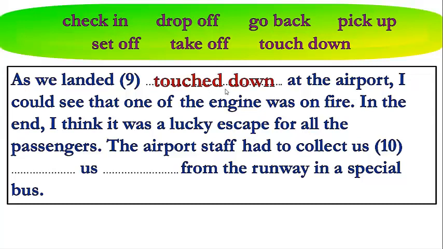At the airport, I could see that one of the engines was on fire. In the end, I think it was a lucky escape for all the passengers. The airport staff had to collect us. Collect means pick up. Pick us up from the runway in a special bus.